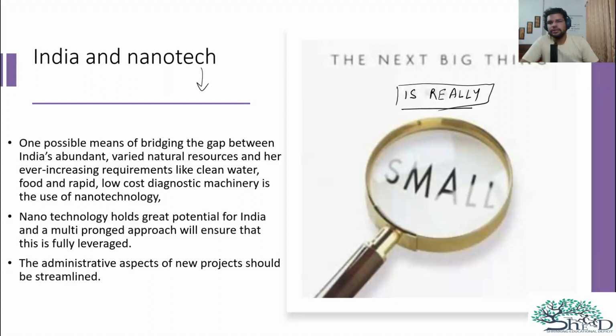So nanotechnology holds big potential because India can really work on things while not depending on other countries. If we do this research, we will not be dependent on other countries. For that, we need to implement the projects efficiently and keep them out of the clutches of corruption.